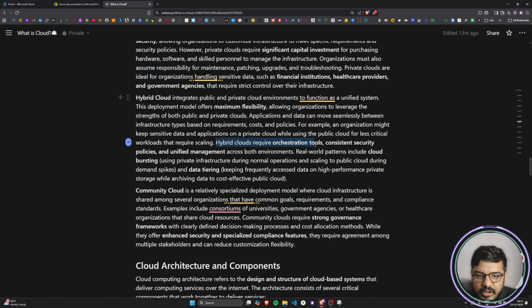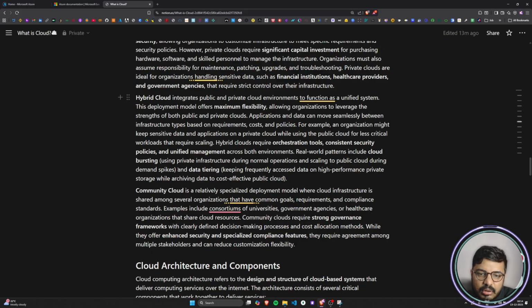Hybrid cloud requires orchestration tools, consistent security policies, and unified management across both environments. Real world patterns include cloud bursting, using private infrastructure during normal operation, and scaling to public cloud during a demand spike.